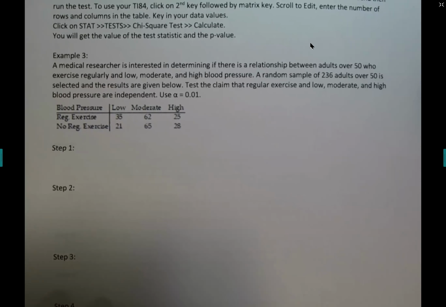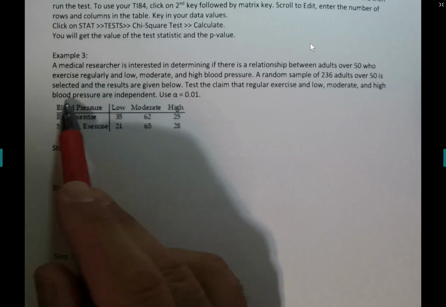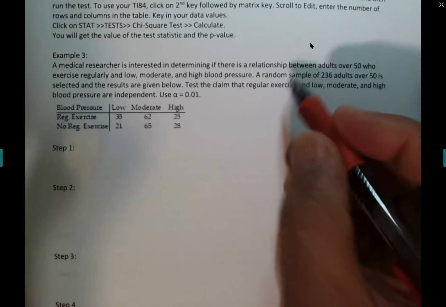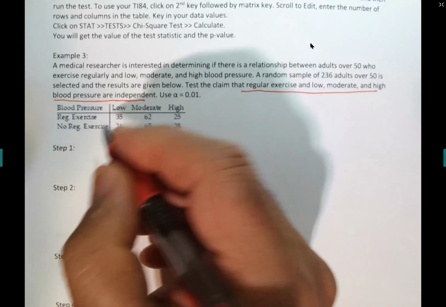So the variables are independent, and he gave me the names of the variables here: exercising and blood pressure. So I'll just write this as my null hypothesis.